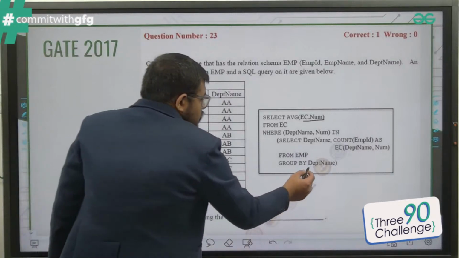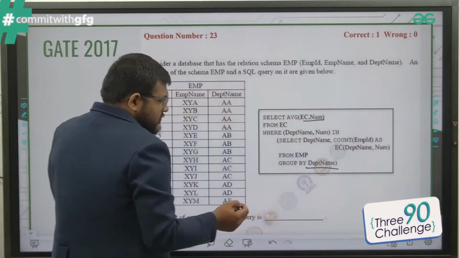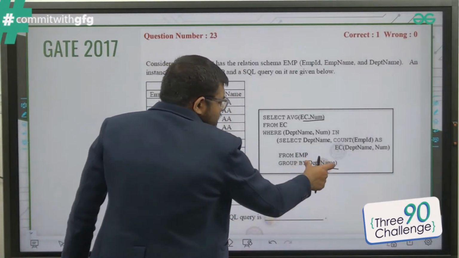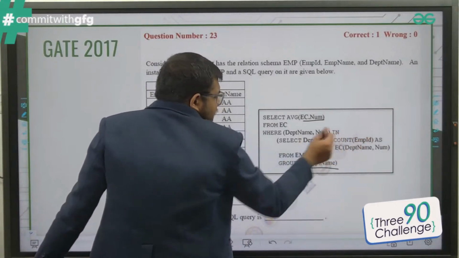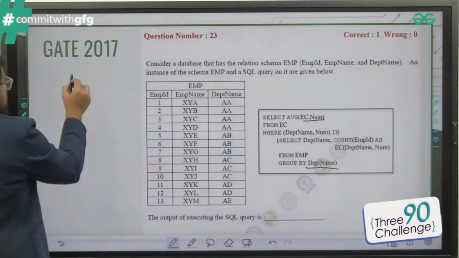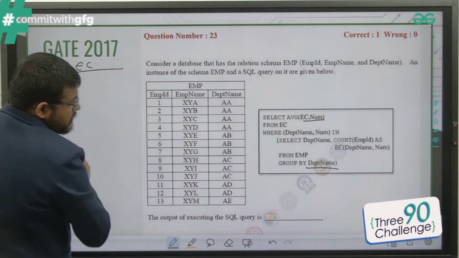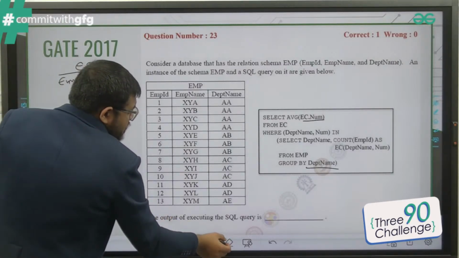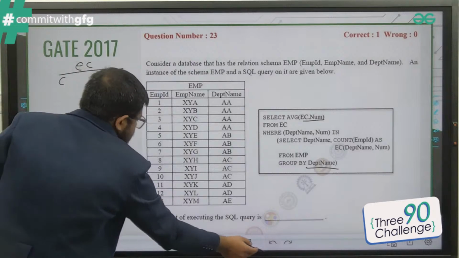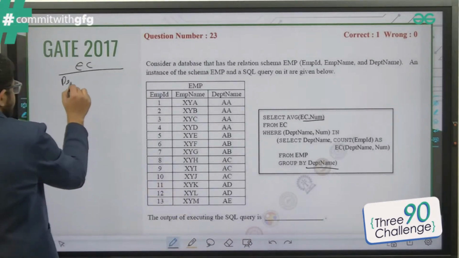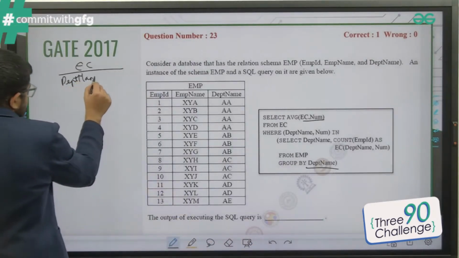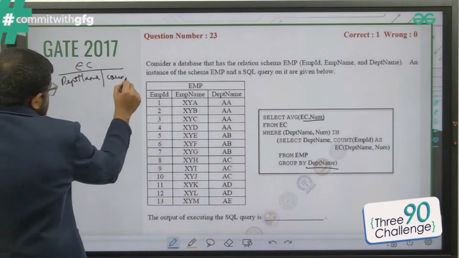So they are grouping the tuples by department name and they are returning the department name and the employee ID count. So in the EC table, I will have department name and count of employee ID.